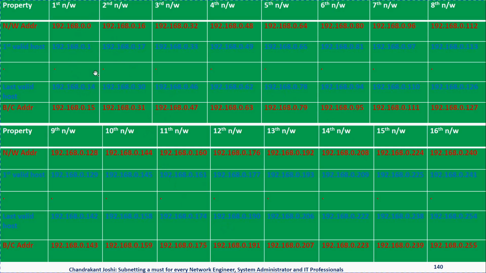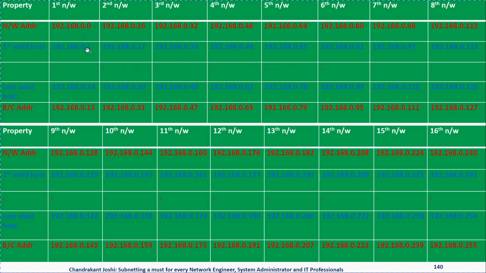But this is useful for different departments. Maybe in your organization there are 50 different departments, so we need to have at least 50 different subnets.